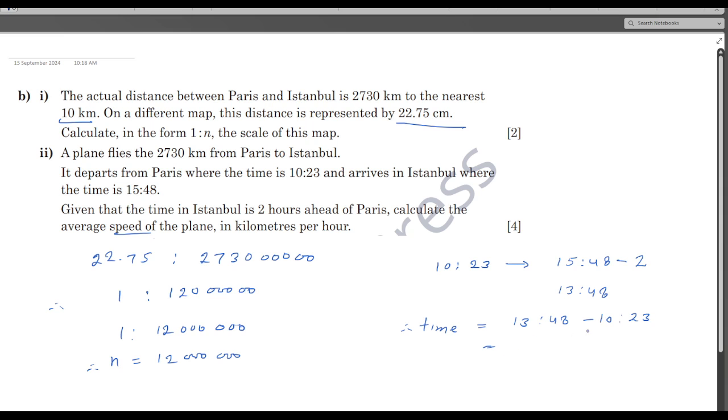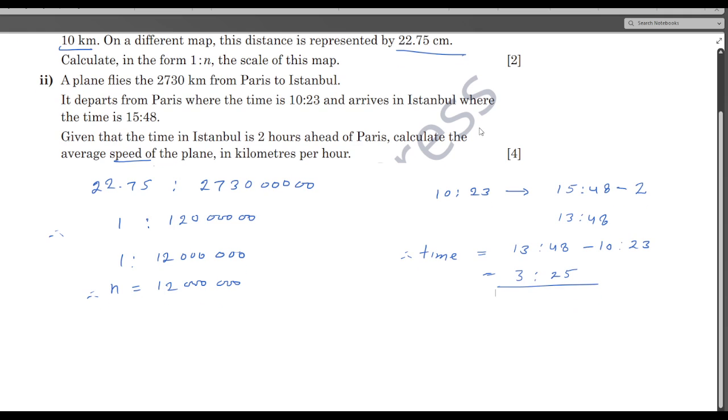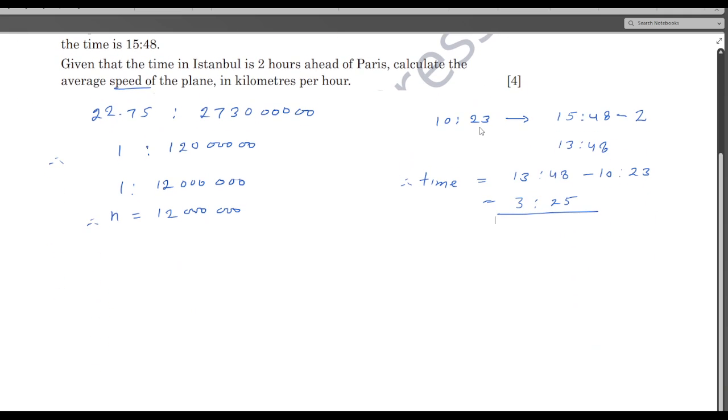So that is 3 hour, and 4 minus 2 is 2, 8 minus 3 is 5. So it's 3 hour 25 minute. 3 hour 25 minute is the time, and the distance is 2730.